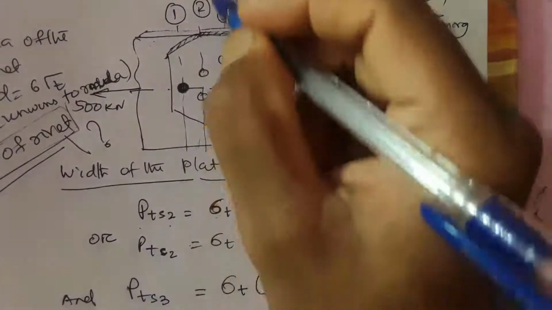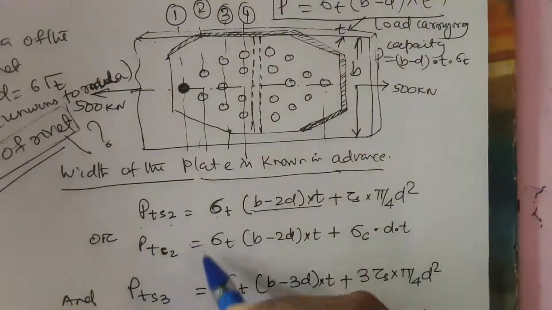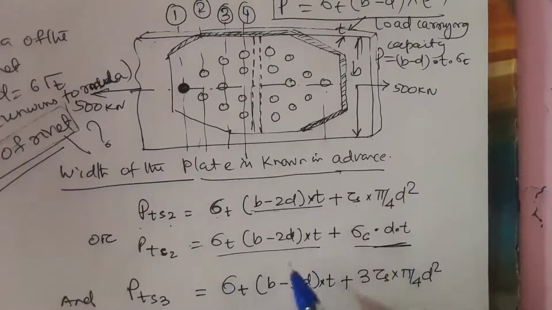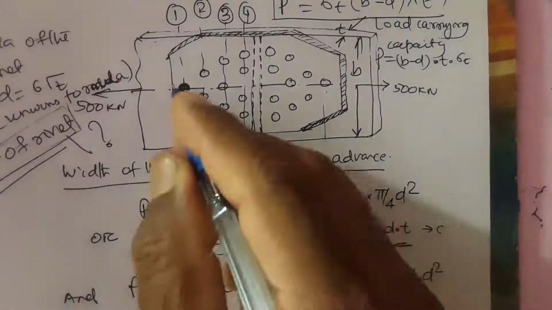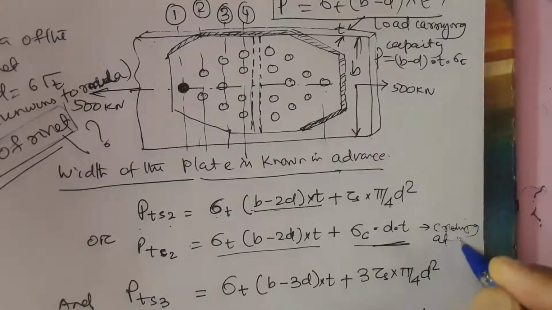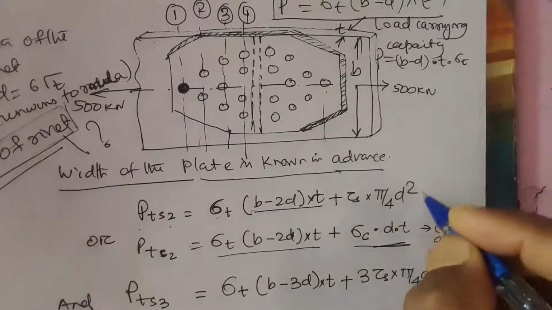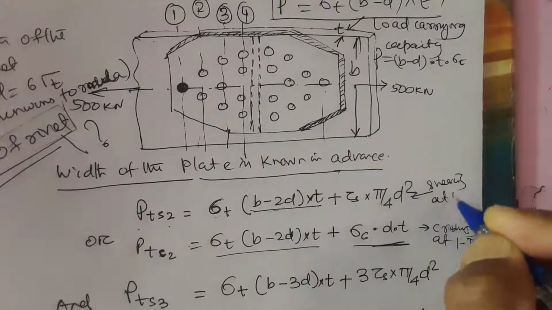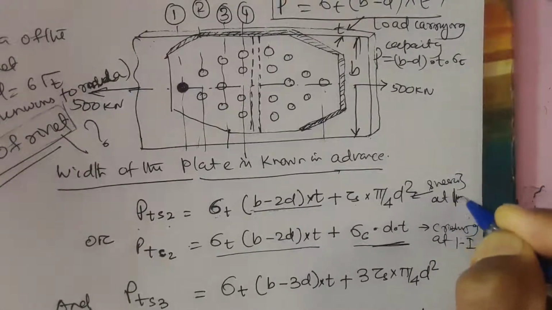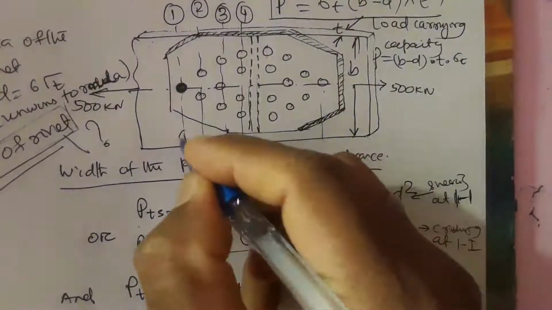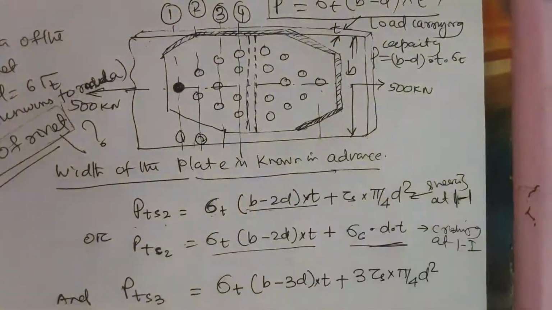The tearing strength at this, along with the shearing strength of this rivet, is equal to this term. This is shearing at 1 section. This is 1, this is 2 section.